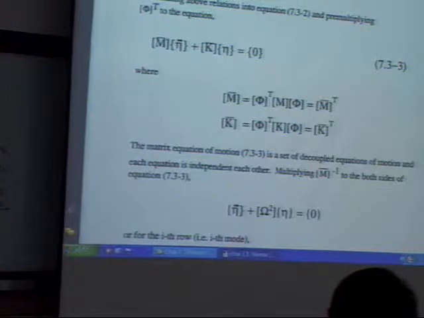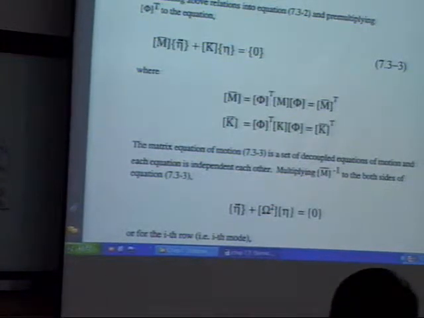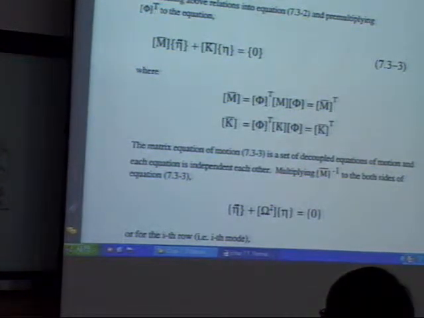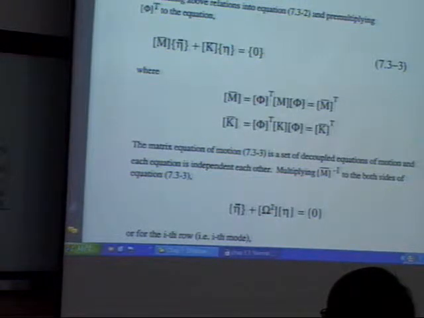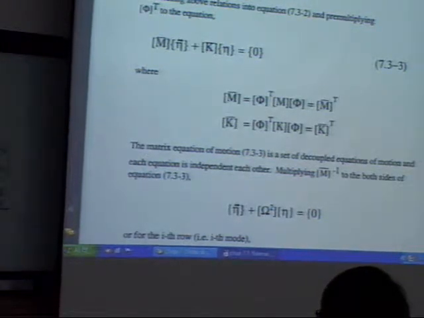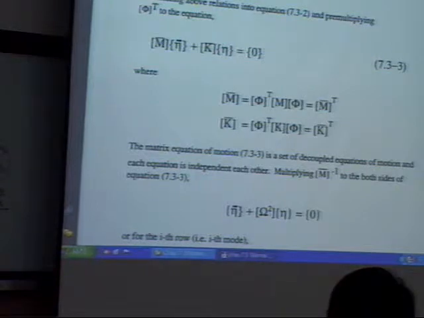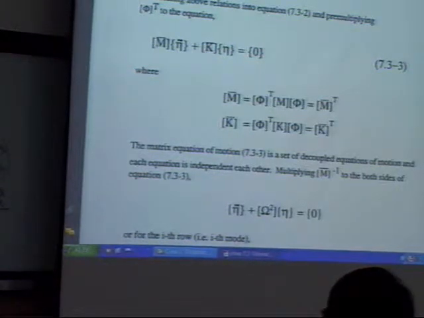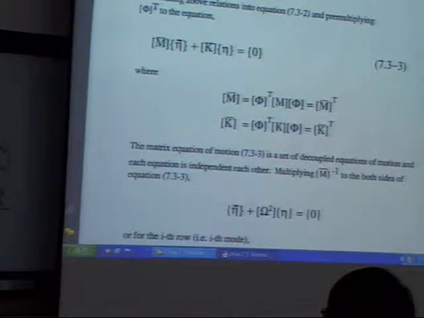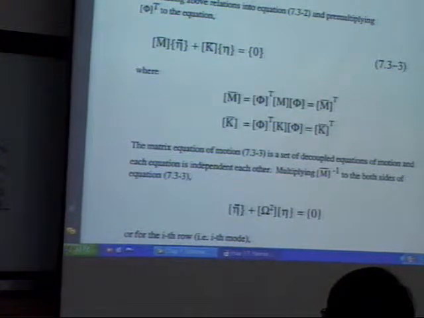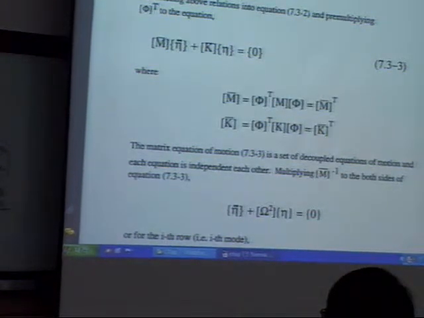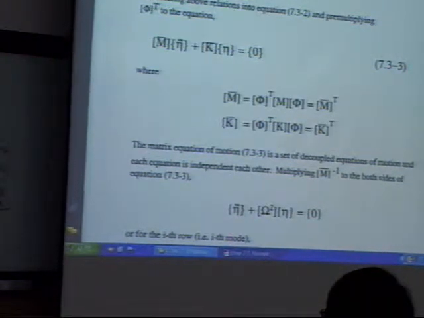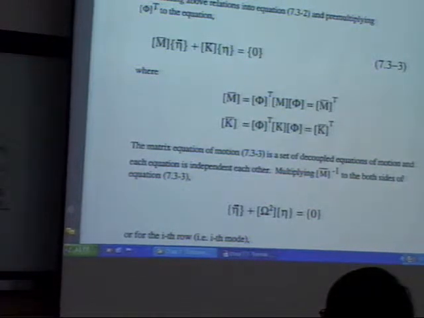In what space? If I rewrite this, this is going to be M bar eta double dot plus this diagonal K bar diagonal eta is equal to 0.